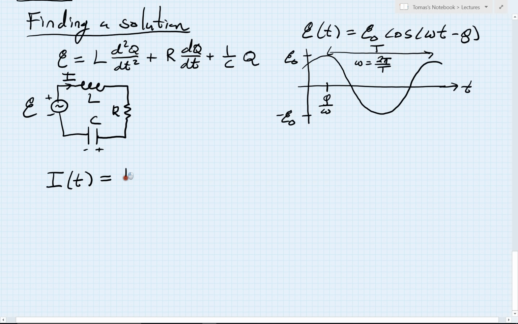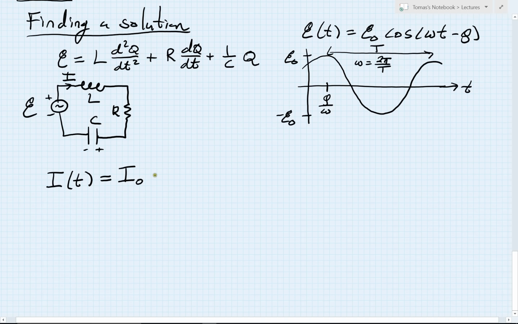I don't know what the amplitude of that current response is going to be, but it's probably oscillating as well. If I'm driving it with a certain period T and a corresponding frequency omega, I would expect that if I'm pushing back and forth once every 2 seconds here, the current should probably slosh back and forth once every 2 seconds as well.